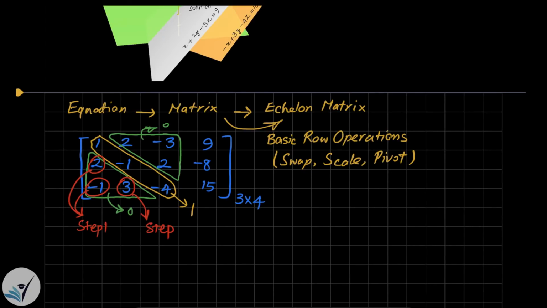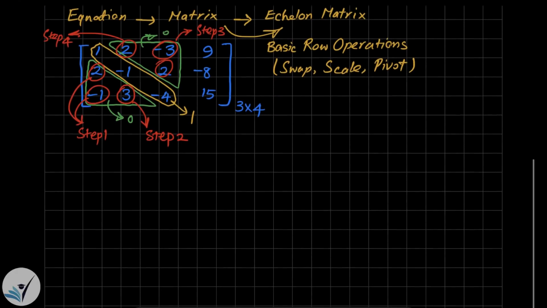This would be my step 2. And then I'm going to move up and transform these two entries to 0. This is my step 3. And then finally I'm going to transform this one to 0. This is going to be my step 4. So let me start with step 1.